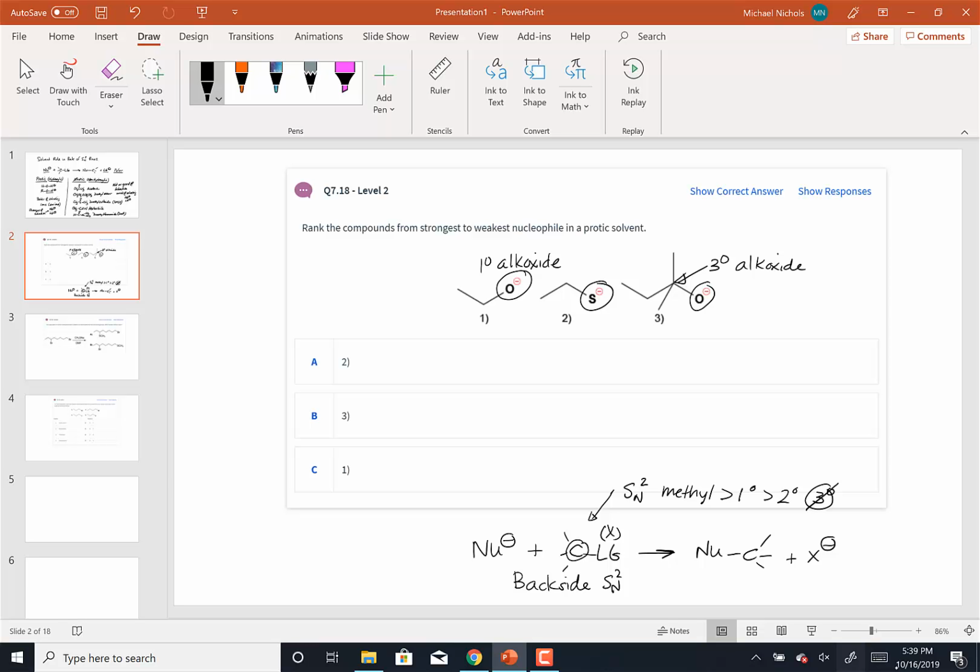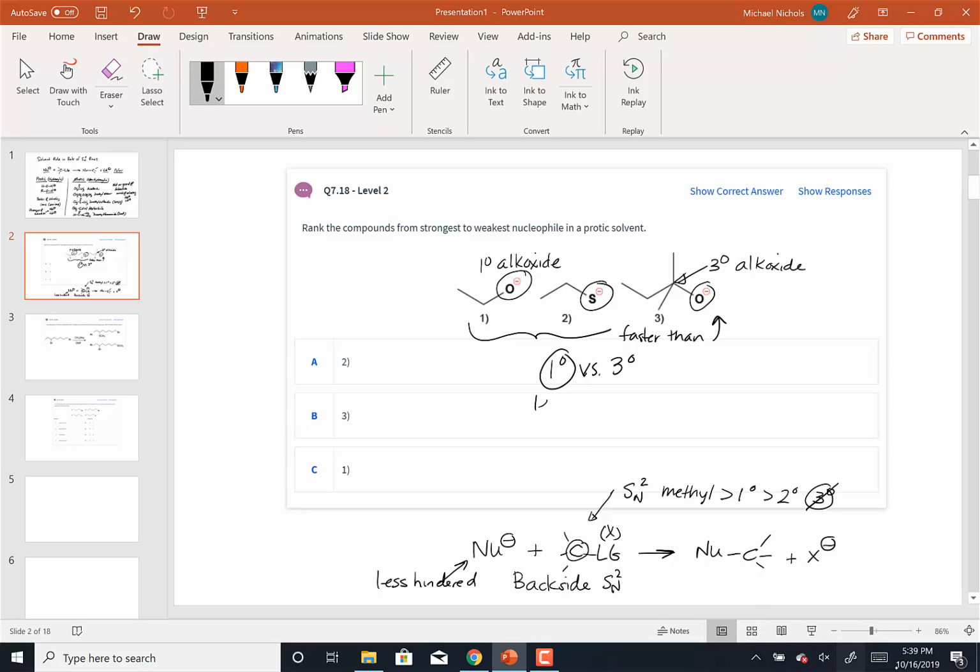I would apply that same principle to the nucleophile. What kind of nucleophile is going to react faster in an SN2 reaction? One that is less hindered. So which nucleophile is that up here, primary versus tertiary? The primary alkoxide of these two is going to react faster than the tertiary alkoxide. Again, it's totally based on steric hindrance.